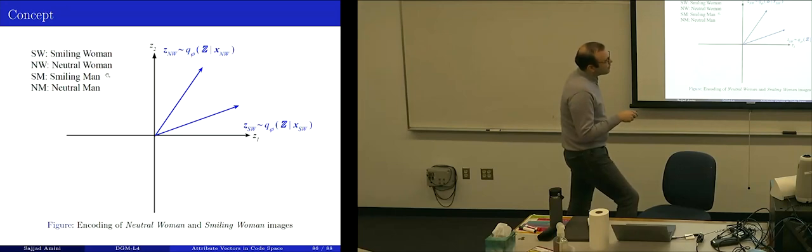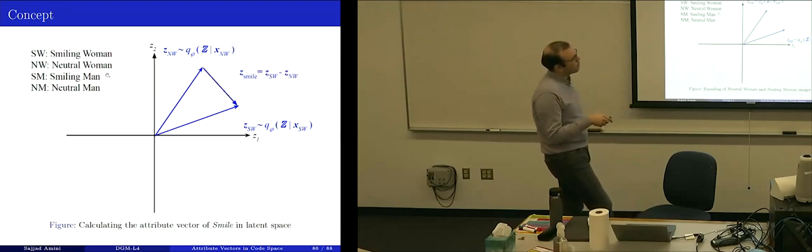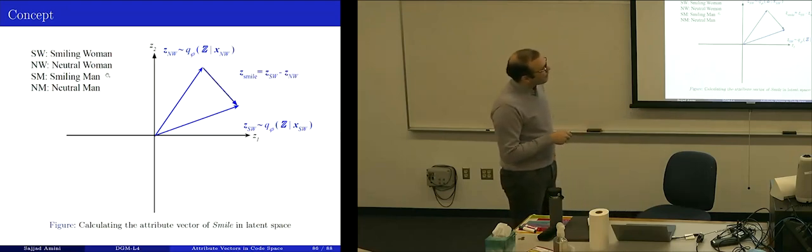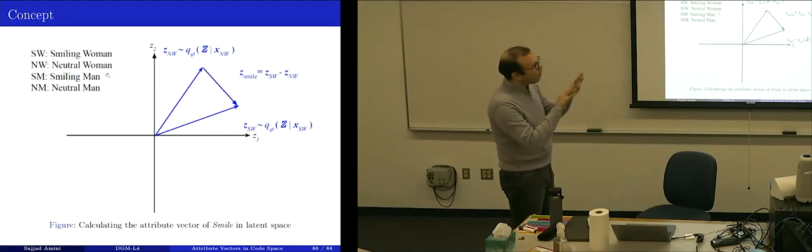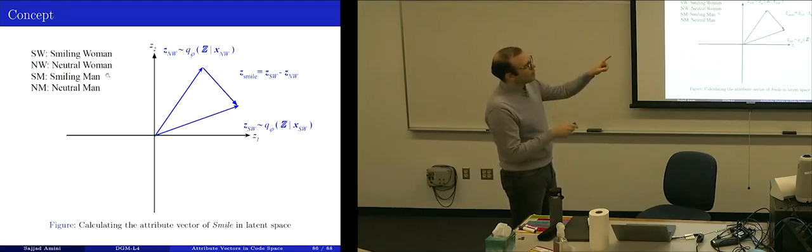Then this Z is the resulting vector, and I plot that vector here. Also assume that I encode the neutral woman here using, again, the approximate posterior network. So I have 2 vectors here. Assume that this smiling and neutral woman are exactly the same. All other features are the same, and the change is just the smile.